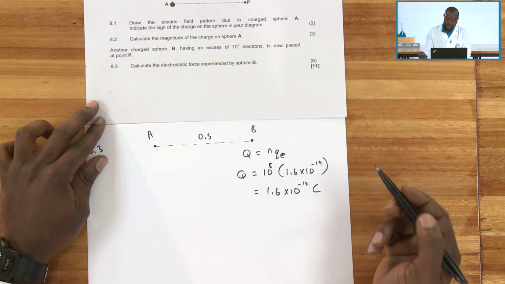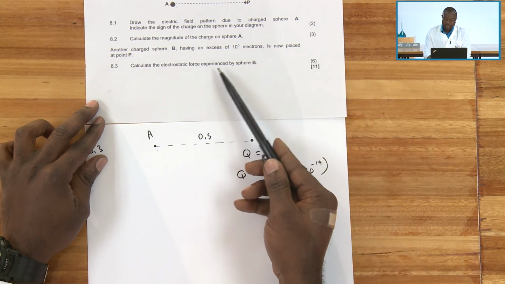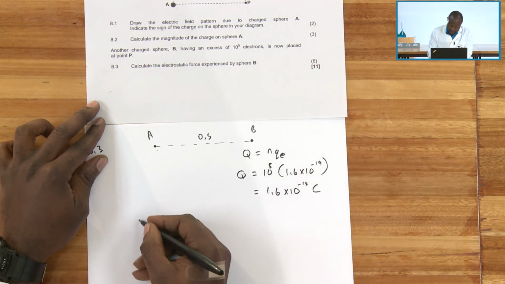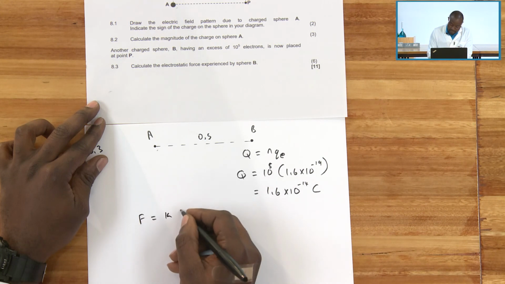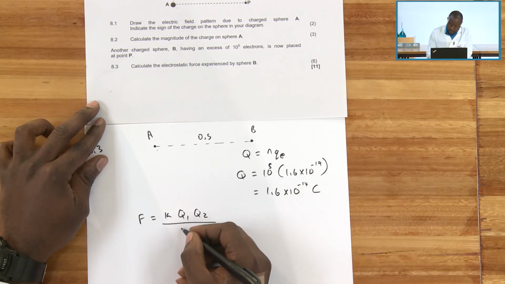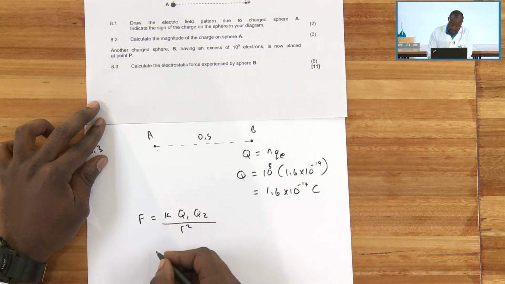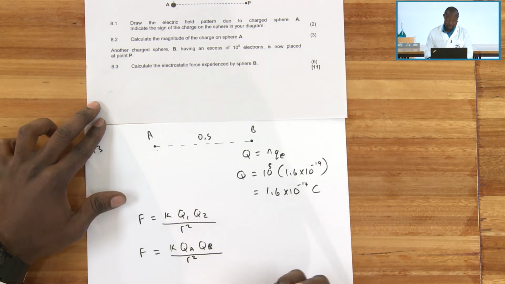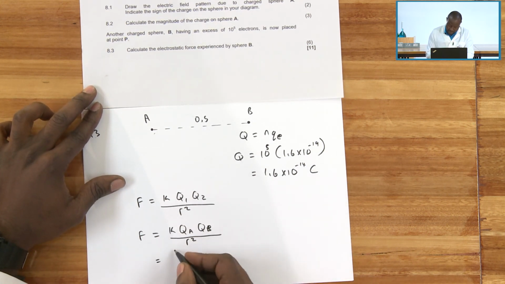Once we have done that, we can now calculate the electrostatic force experienced by sphere B by applying our force formula, which says F is equal to K Q1 Q2 over R squared. I'm just going to rewrite it and say F is equal to K QA QB over R squared, and we're going to put in our values. We know that K is 9 times 10 to the power of 9.